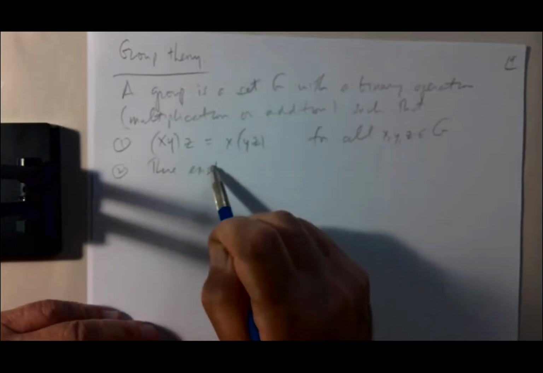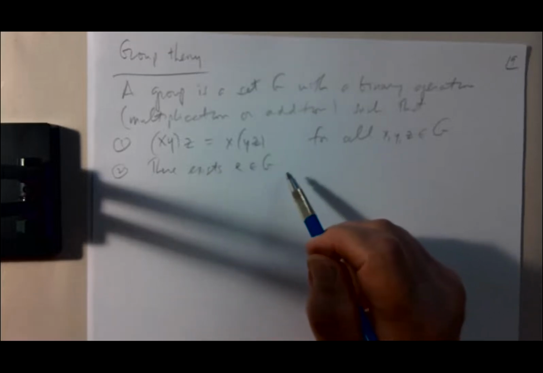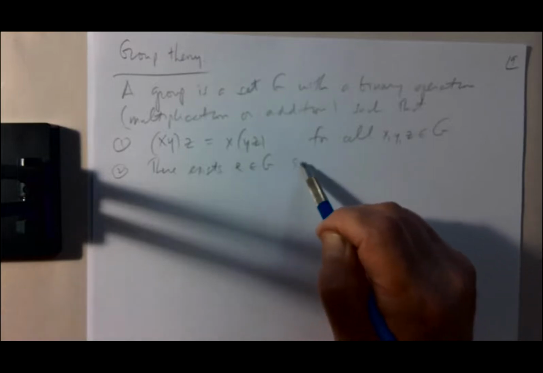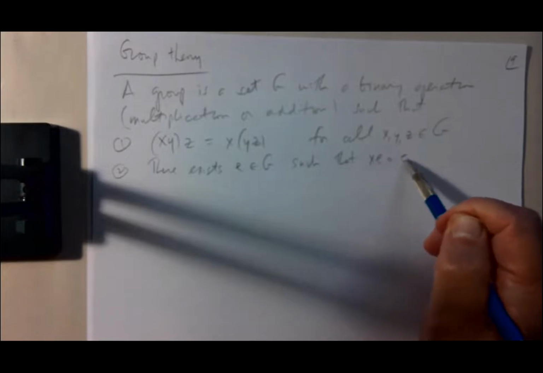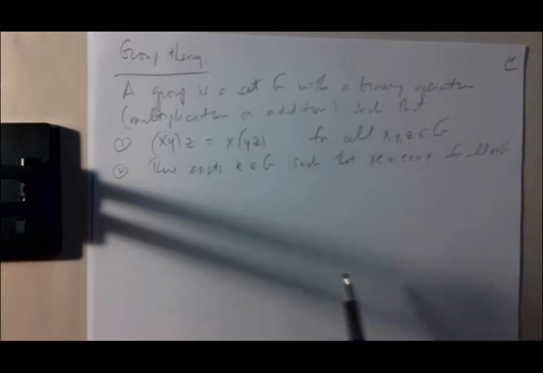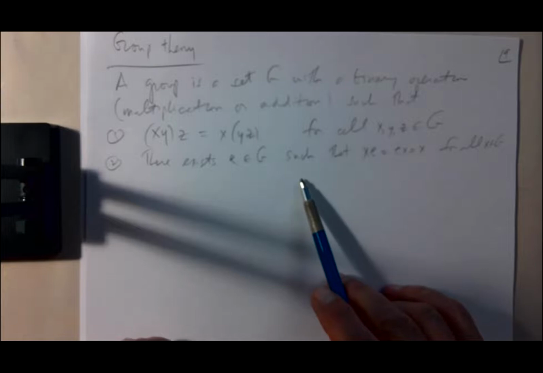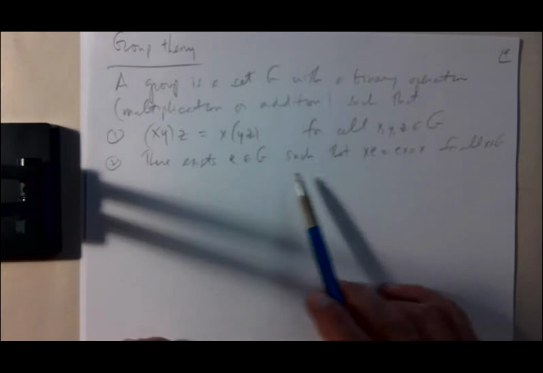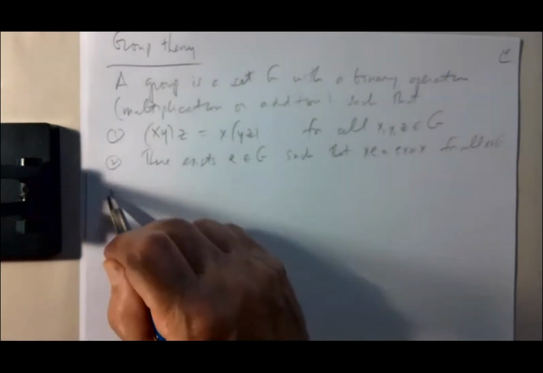There exists an identity E, an element in the group, such that x times E and E times x equals x for all x in the group. If you think about the real numbers under multiplication, the identity is the number 1. If you think about the integers under addition, or the real numbers under addition, the identity is the number 0.